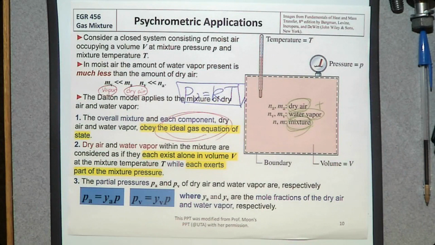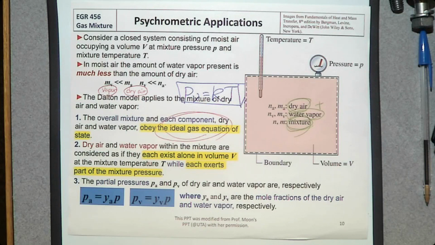But when we calculate the pressure of each component, we are going to use partial pressure: P_a, the partial pressure of dry air, and P_v, the partial pressure of water vapor. When you combine these two, the sum of P_a and P_v is the total pressure of the system.